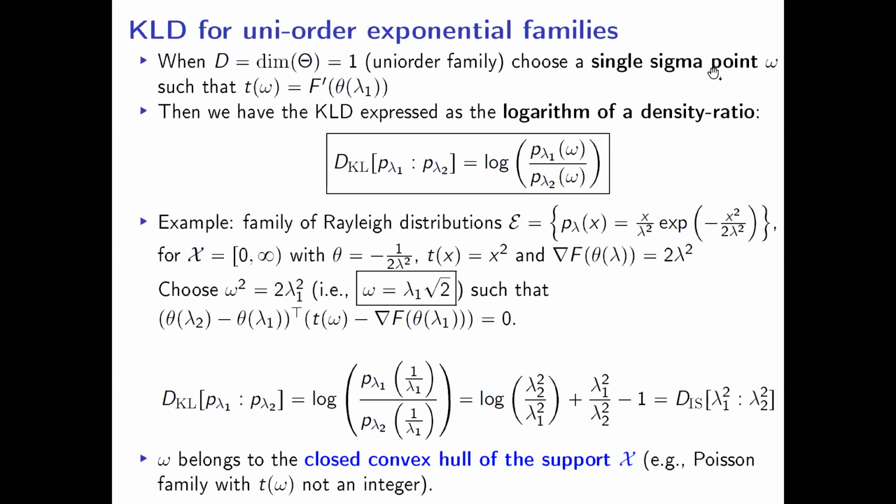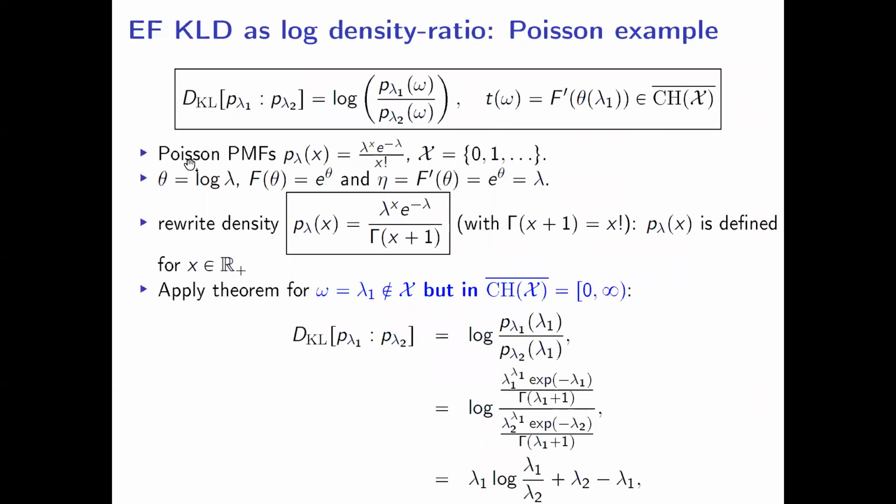I told you that the sigma point needs to belong to the support, but actually it's enough for the sigma point to be inside the closed convex hull of the support. The next slide takes the example of the Poisson family, which is again an exponential family, but with a probability mass function, so it's a discrete random variable.